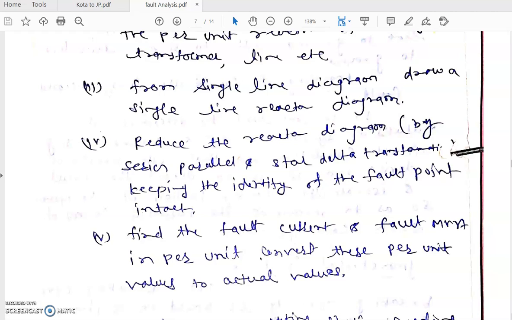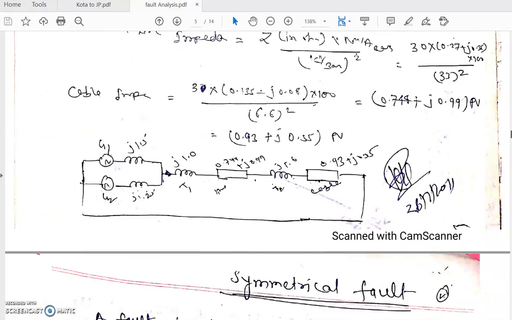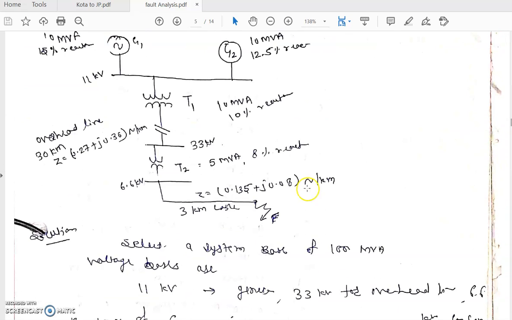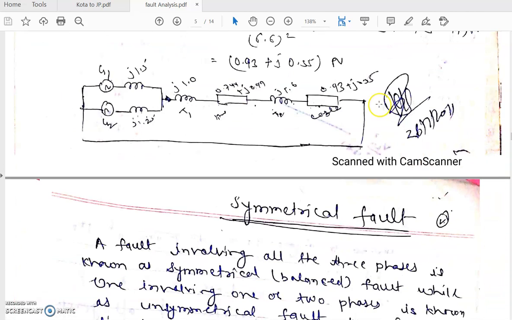Means as in the previous example which we discussed in the previous class, this is the fault point F. So this point F should be kept intact, it should not go missing, and by keeping this point intact we may do some calculation. Suppose these four reactances are in series, then we can make a series combination of them.